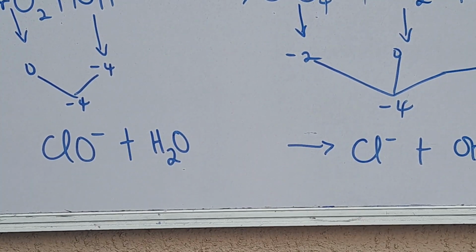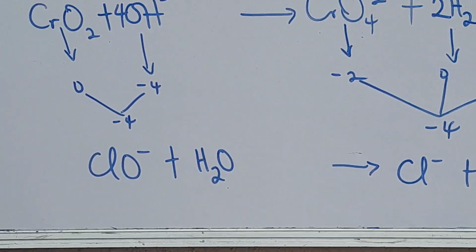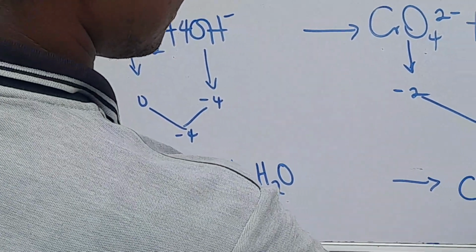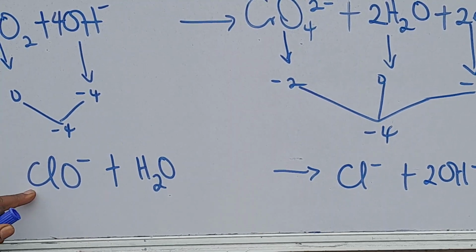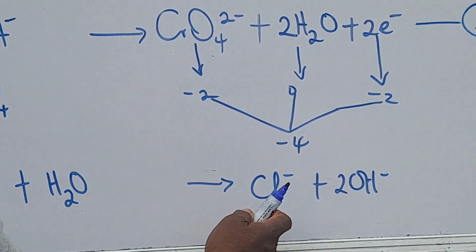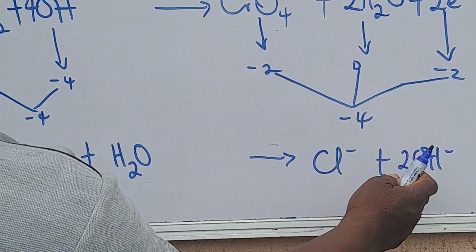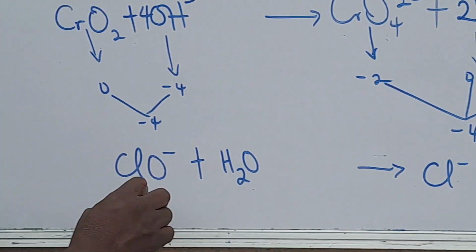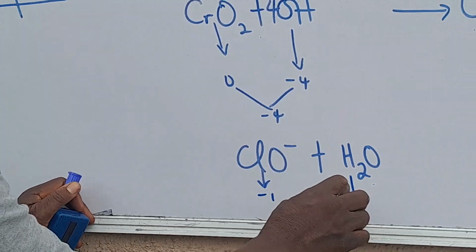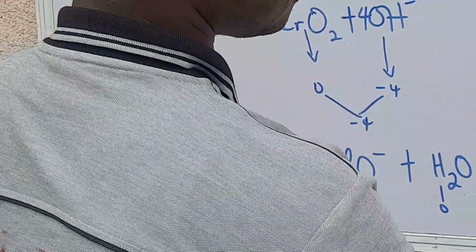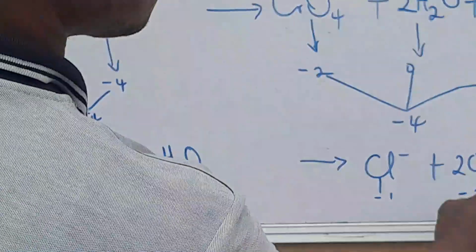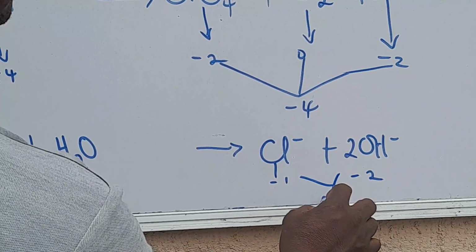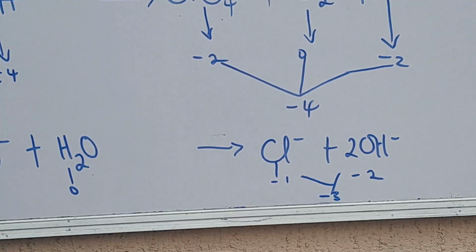So let's check. H2O here is 2, so I can put 2 here. Can you see now? Chlorine, chloride, oxygen 2, oxygen 2, hydrogen 2, hydrogen 2. Correct. So let's check the ions. Here minus 1, 0, minus 1, minus 2. So total here is minus 3.